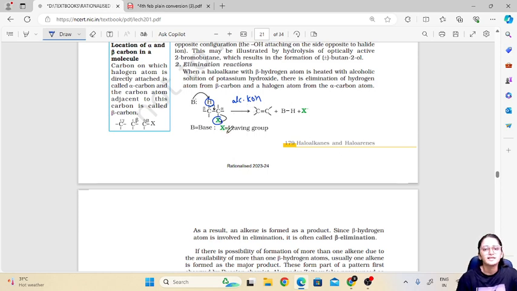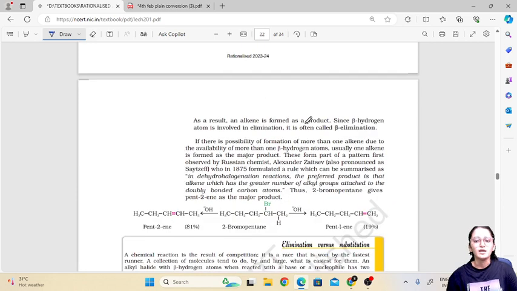One halogen and one hydrogen are removed. Whichever halogen you are removing, the adjacent carbon's hydrogen you have to remove, so that after removing, we get a double bond between those two carbons. The base, the nucleophile, is bonded to the hydrogen and the side product is the halogen, and this reaction is called beta elimination.